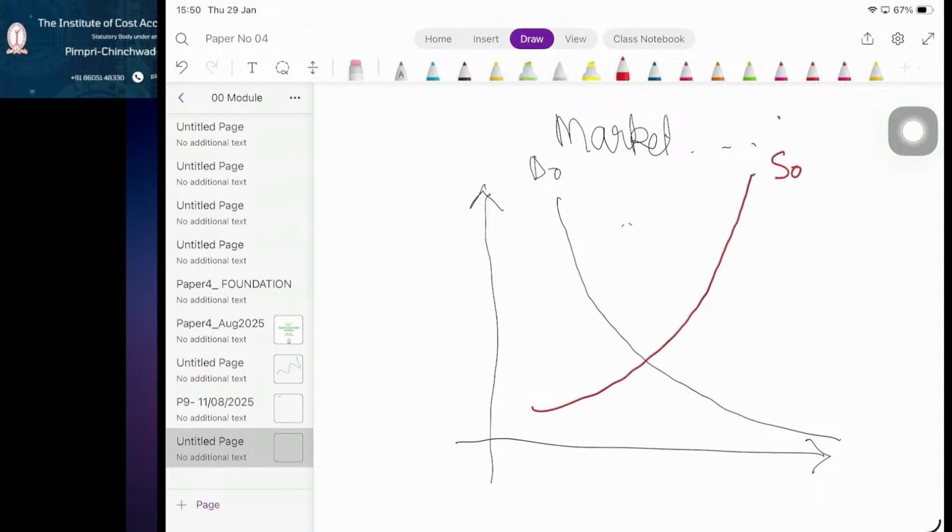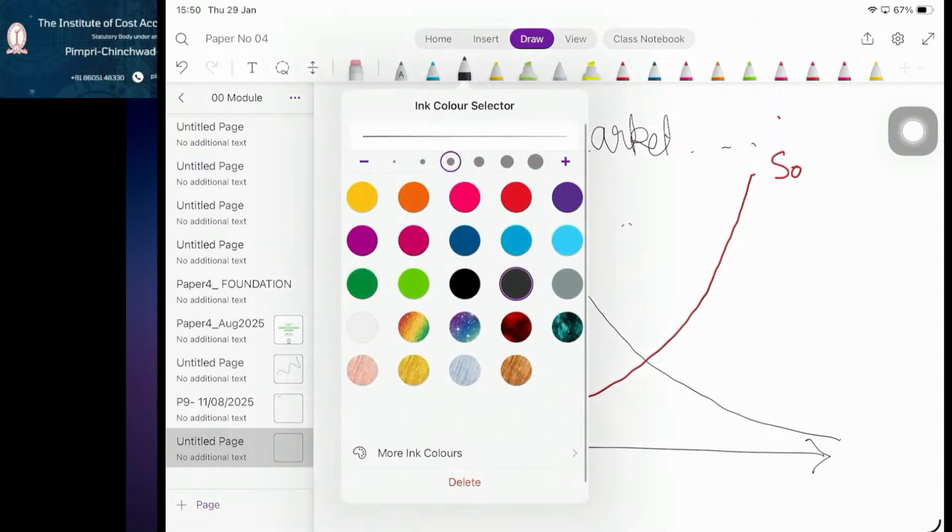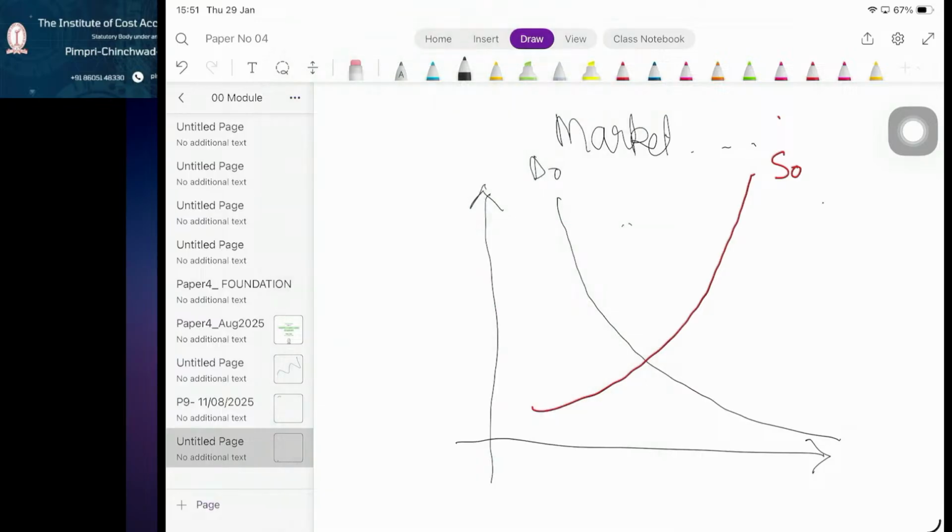Okay, can you tell me, in this market, what would end up being the price of the product and what will be the quantity supplied? In this market, the demand curve is D0, the black line. Supply curve is the red line which is going up. I'm asking you a question.